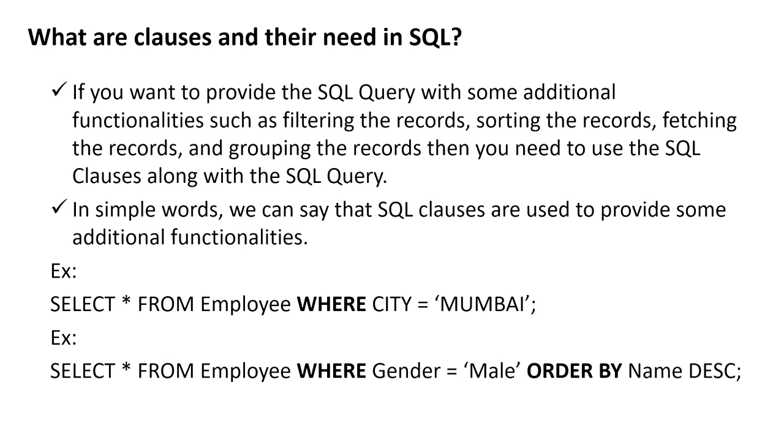Example: select * from employee where city = 'Mumbai'. Second example: select * from employee where gender = 'male' order by name desc. Here we filter the records with male gender and show the data in descending order by name.